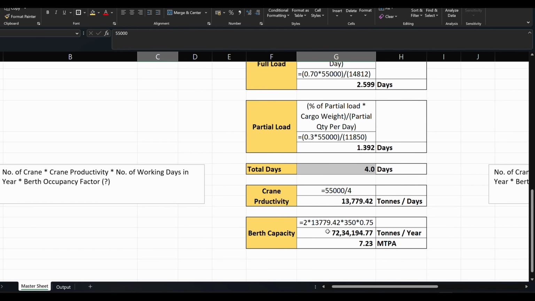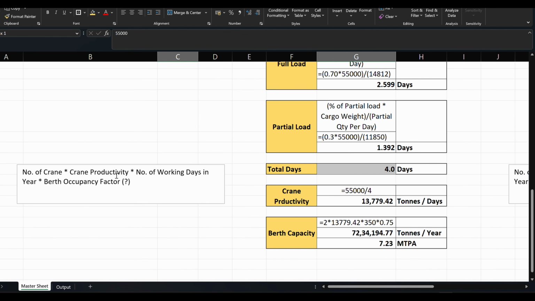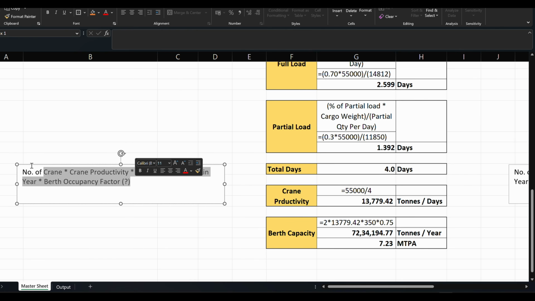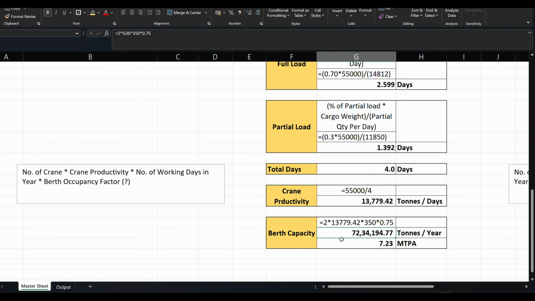Now from the crane productivity we can get the berth capacity. The berth capacity formula is the number of cranes, which is 2, times the crane productivity of 13,779, times the number of working days, 350, since 15 days can be deducted for maintenance, times 0.75, the berth occupancy factor.